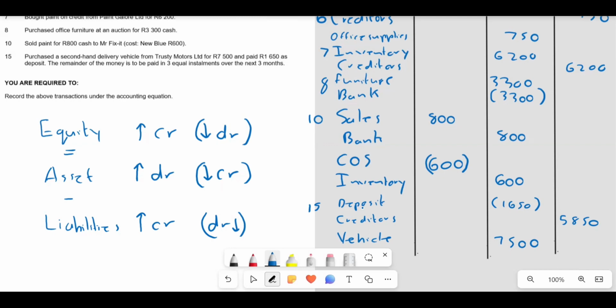So basically, with equity, you know that we debit expenses and we credit income, plus all shares that we have acquired, right? Plus any capital investment. So yes, basically that's it.